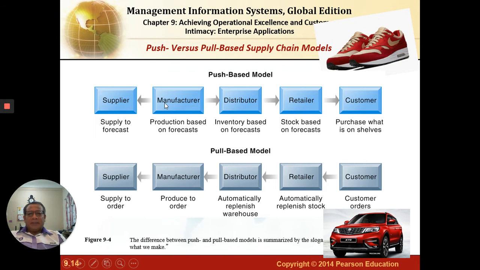The push-based model is good to explain for products like shoes, like Nike and Adidas, in which normally the products are pushed by the supplier. The supplier will push their raw material, and the manufacturer will produce the shoes normally in big numbers, and push to the distributor, and it goes to the retailer, and all the shoes are available in the outlets and shops for customers to choose from.